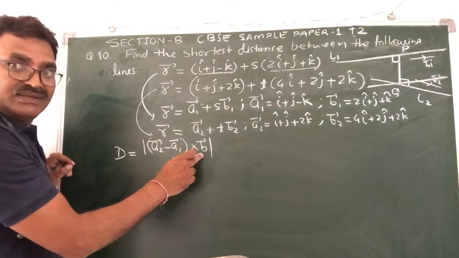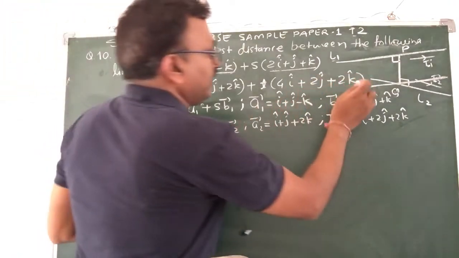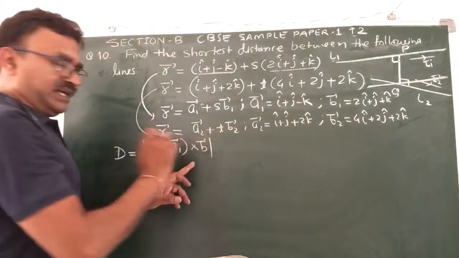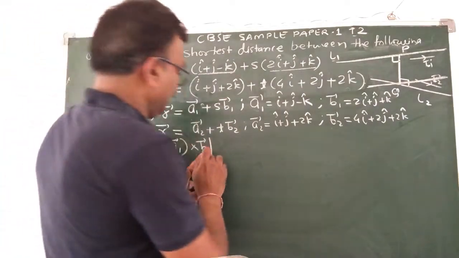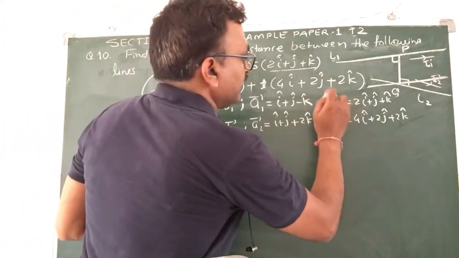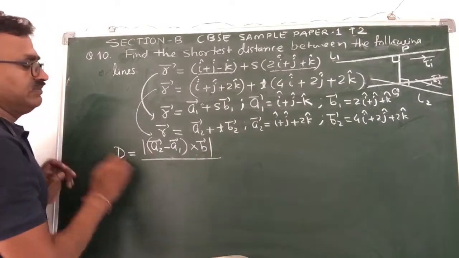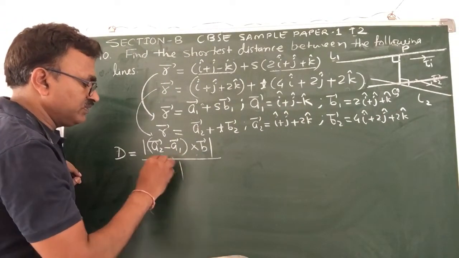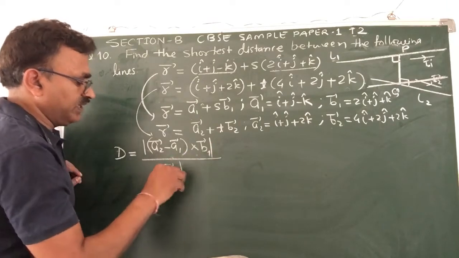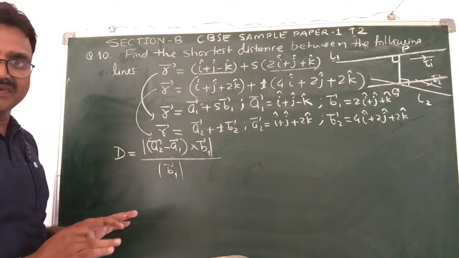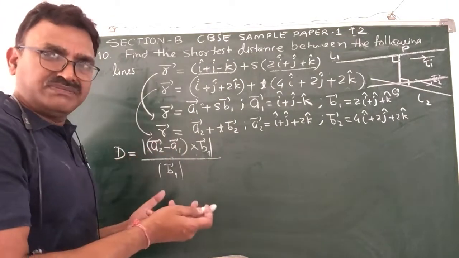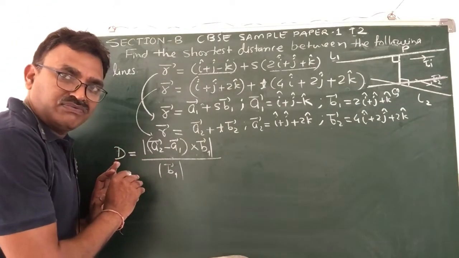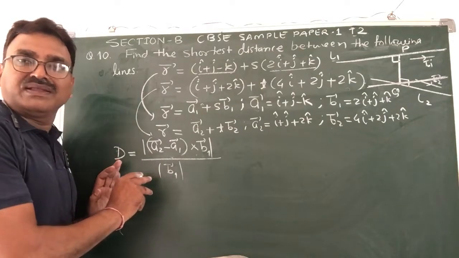Vector b can be either b1 or b2, which is simple; here we will use b1. So this is the formula of distance between two parallel lines.